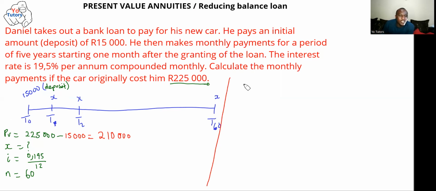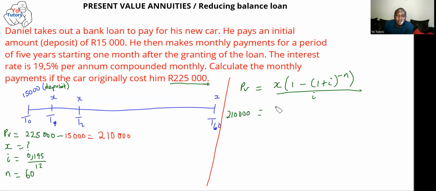Now let's look at it. PV is equal to X times (1 minus (1 plus i) to the power negative n) all over i. What is it going to be in this case? We're looking for X, so PV is 210,000, and we have our X there.